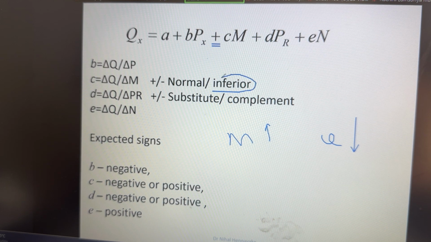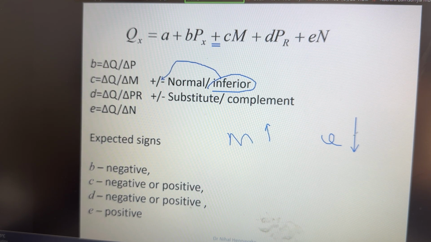If we get a negative sign, it is inferior. Because as your income goes up, you may feel that this commodity is not good and some other commodity is far better than this. So the previous one becomes negative to you.